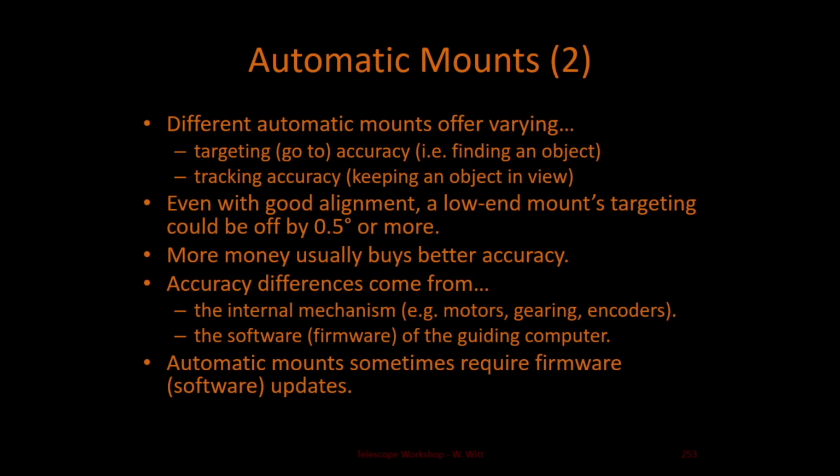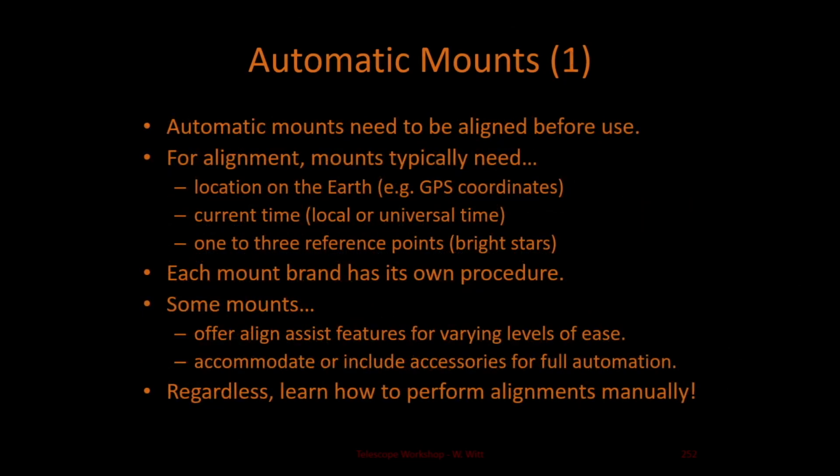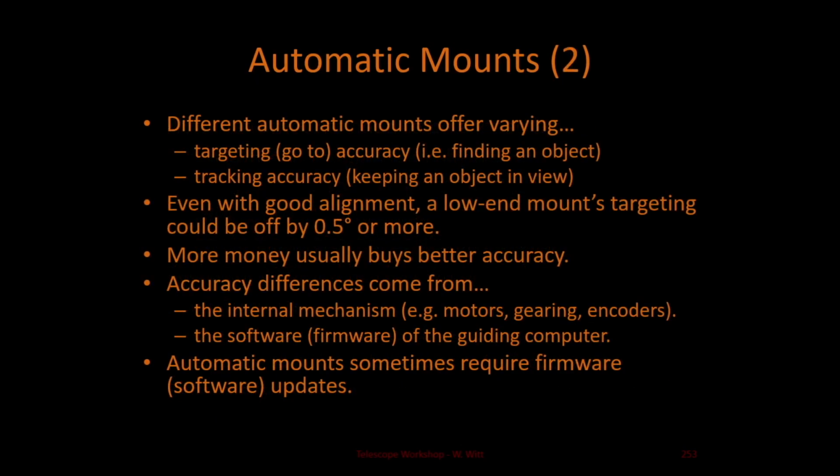Different mounts offer varying targeting and go-to accuracy for finding objects, and tracking accuracy. For example, we have the Celestron C8, the orange tube. There's one over there and one over there. Same exact optical tube, but the mount is different. We saw earlier that that mount is a little less expensive than that one. So the extra money you pay does buy you something.